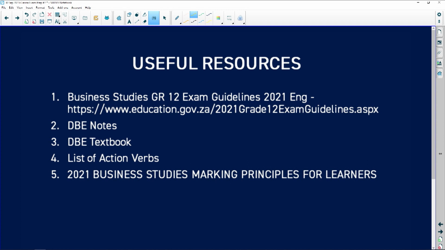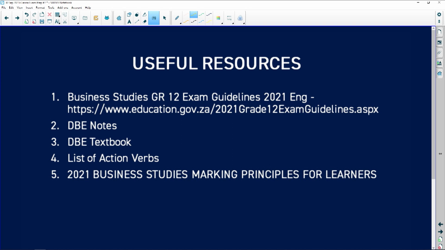Useful resources, all right. Your exam guidelines are of extreme value. If you don't know where to find them, I recommend that you log on to the government website, www.education.gov.za, and just search for grade 12 exam guidelines. You will get 2 sections.